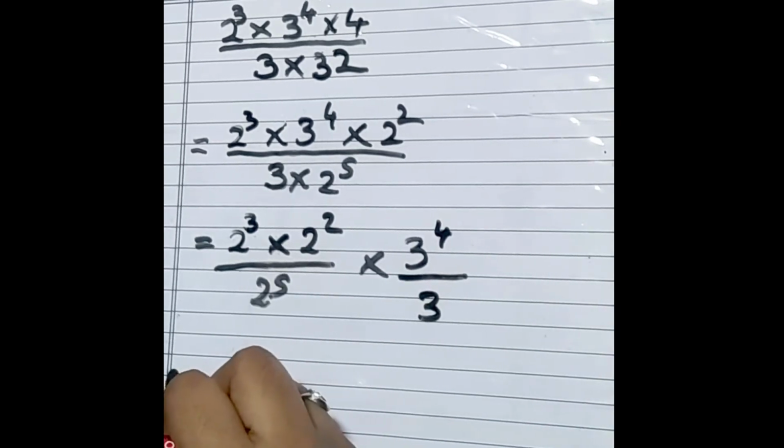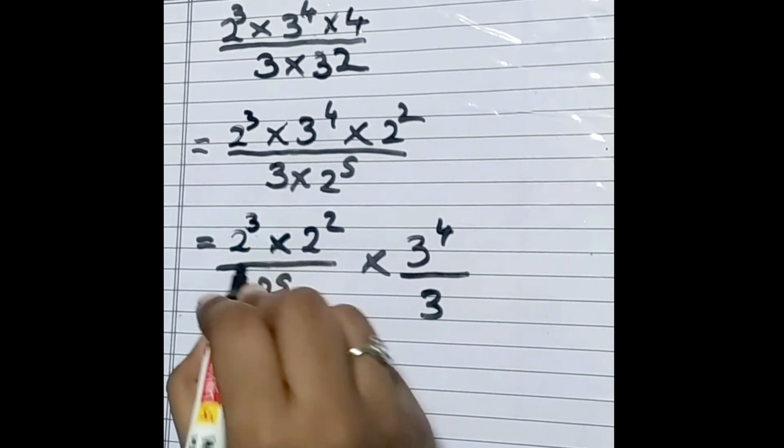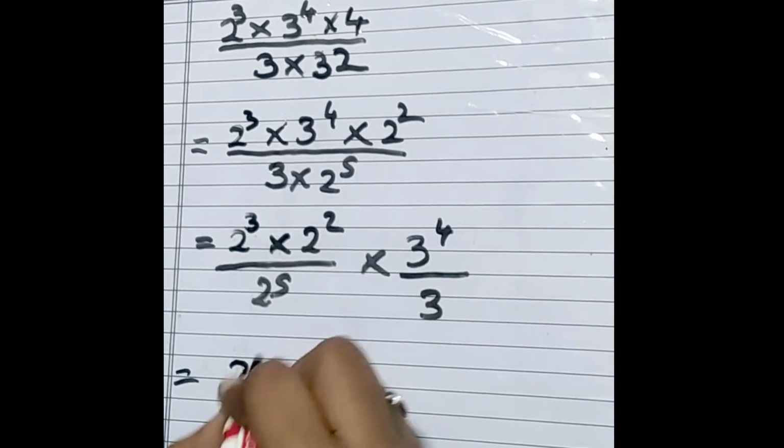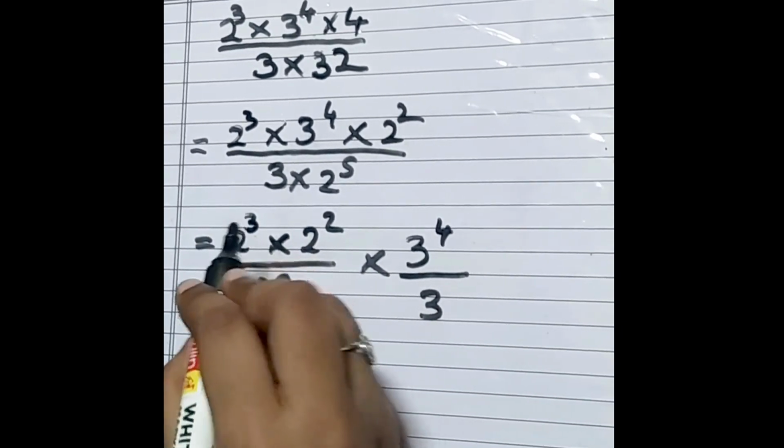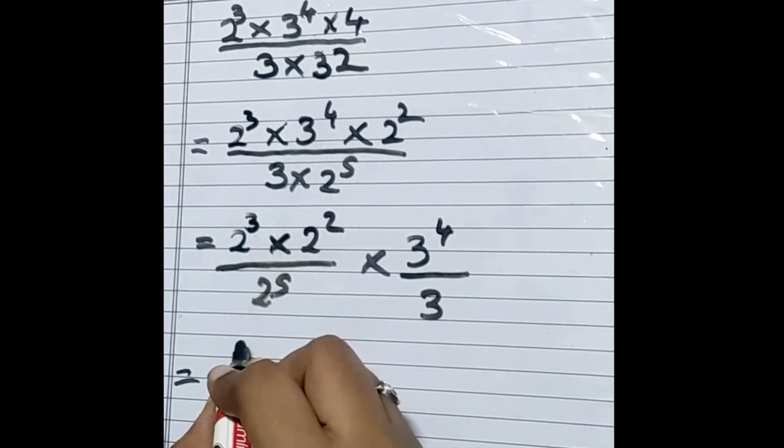Now here in the numerator, both the bases are the same and there is multiplication, so we can add both the indices.